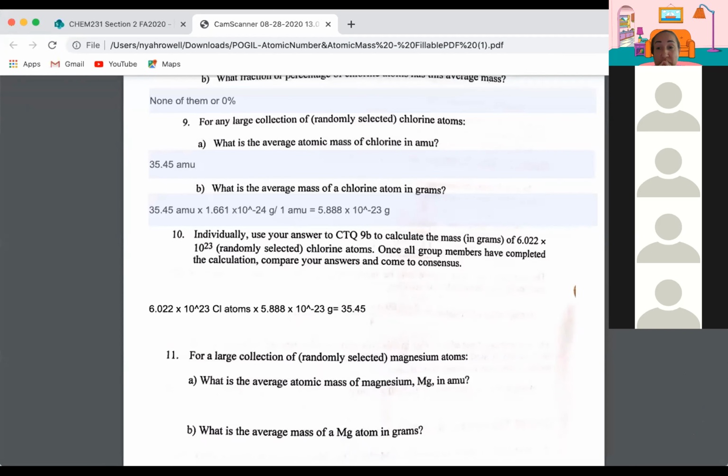35.45. That right there should really bring everything together for those of you that are confused, because this is the first time that these POGOs have introduced the mole. And we're going to be using it from now on all the time, every day.